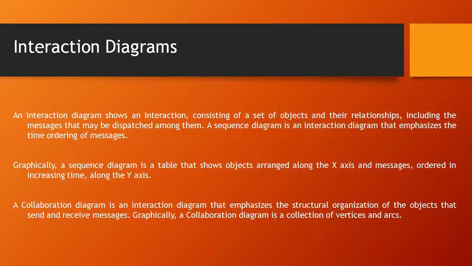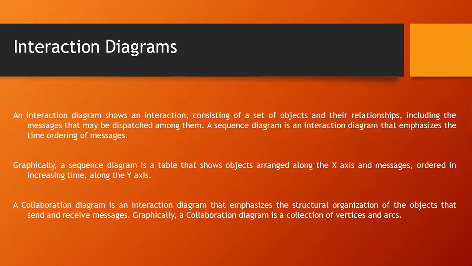Both sequence and collaboration diagrams are known as interaction diagrams. These sequence diagrams and collaboration diagrams are isomorphic, which means that we can transform one into the other without loss of information. Sequence diagrams let us model the lifeline of the object, as an object lifeline represents the existence of the object at a particular time. Here the objects are arranged along the x-axis and messages are ordered in increasing time along the y-axis.